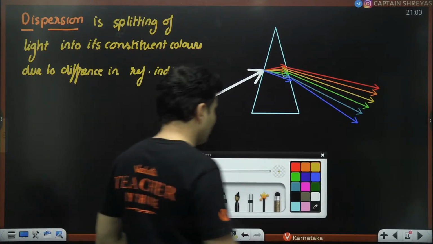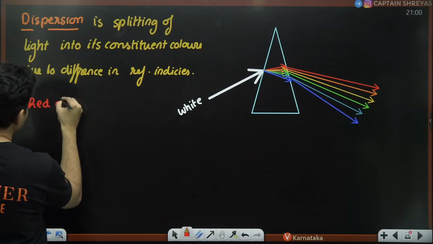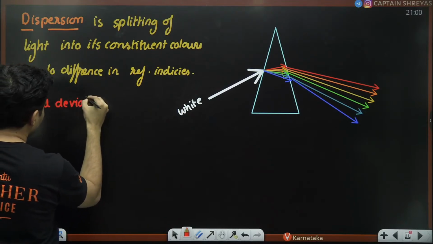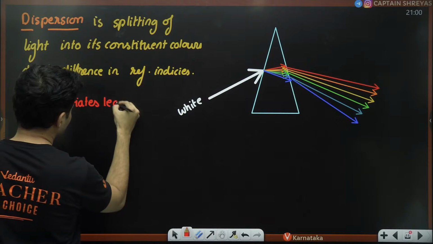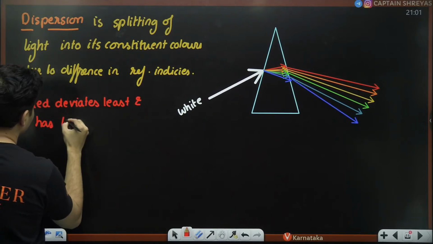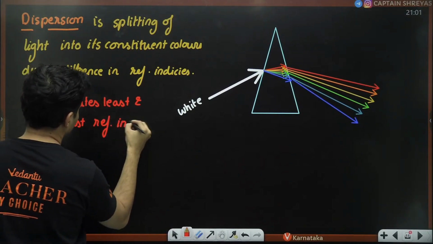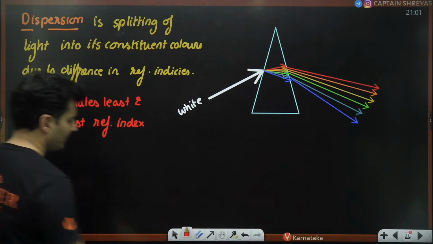As you can see over here, red deviates the least and has the least refractive index among all the colors.